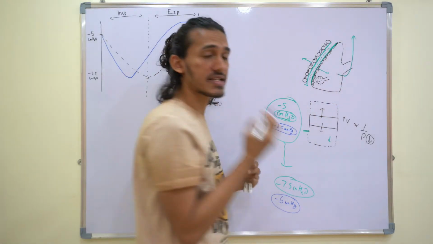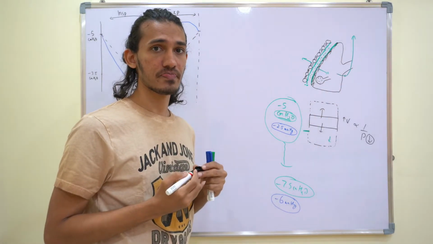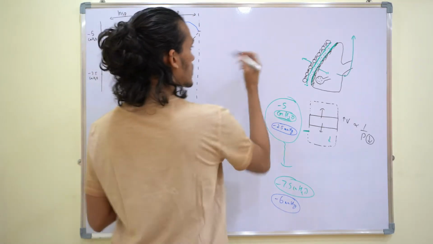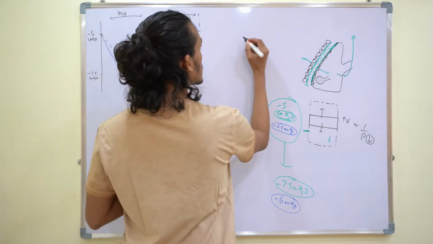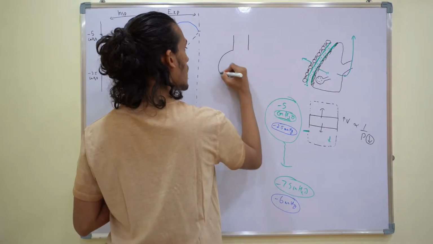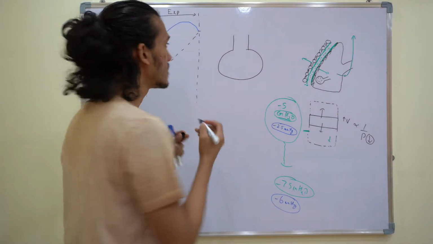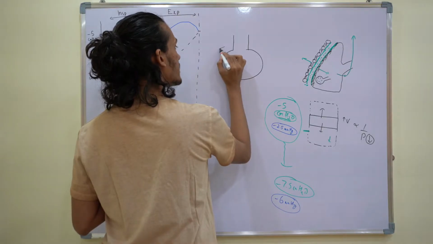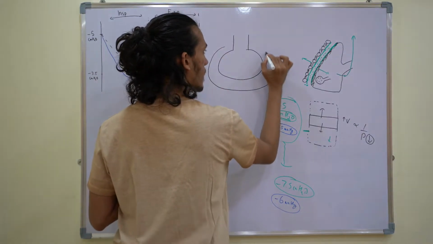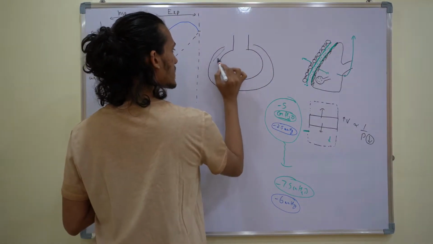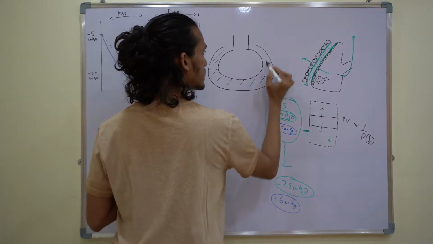This is your intraalveolar pressure. Now, when you talk about intraalveolar pressure, we got the alveolar over here, and beyond the alveolar, we got the pleura. So this pressure over here in the pleura is the intrapleural pressure.